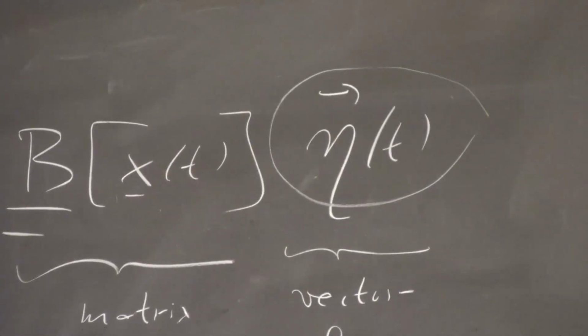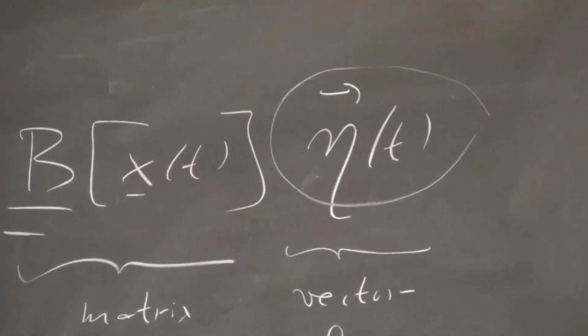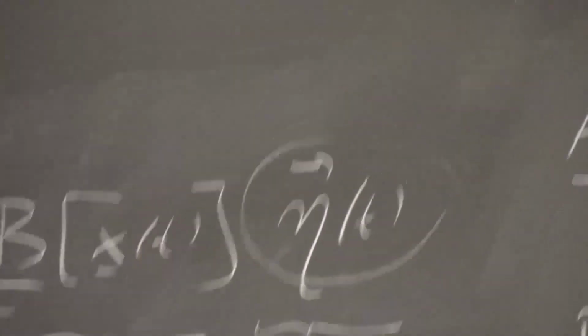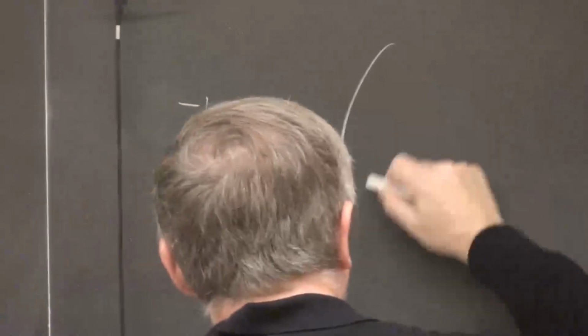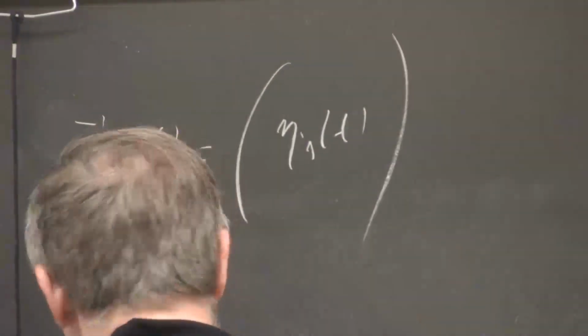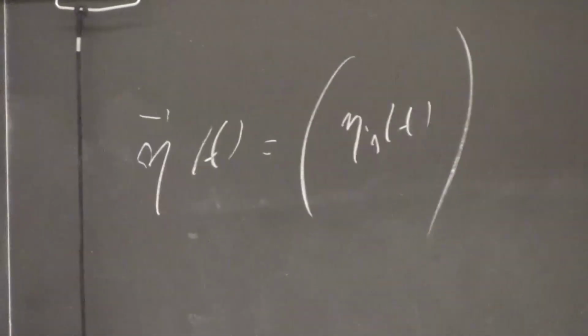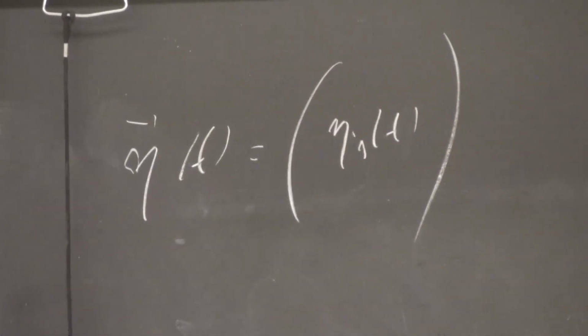And it turns out that for the eta of t, we have then eta j of t, one component. We can characterize it through a standard noise.